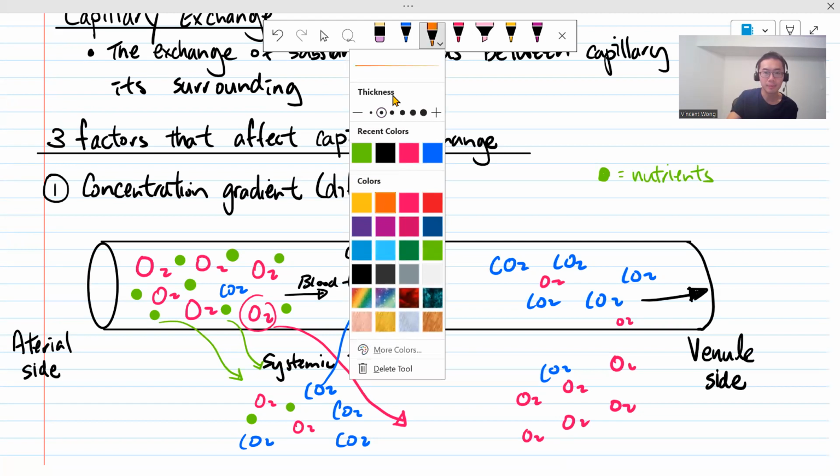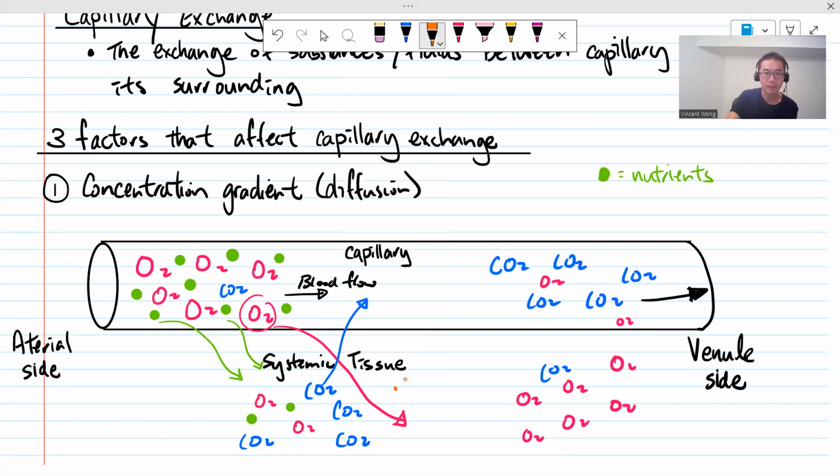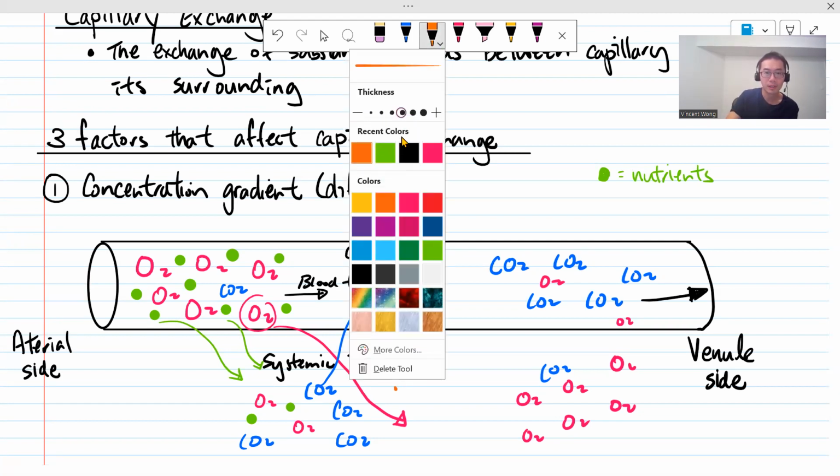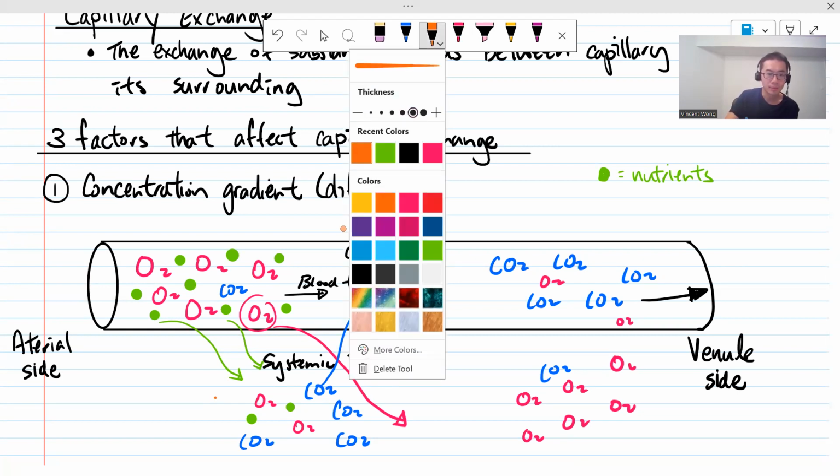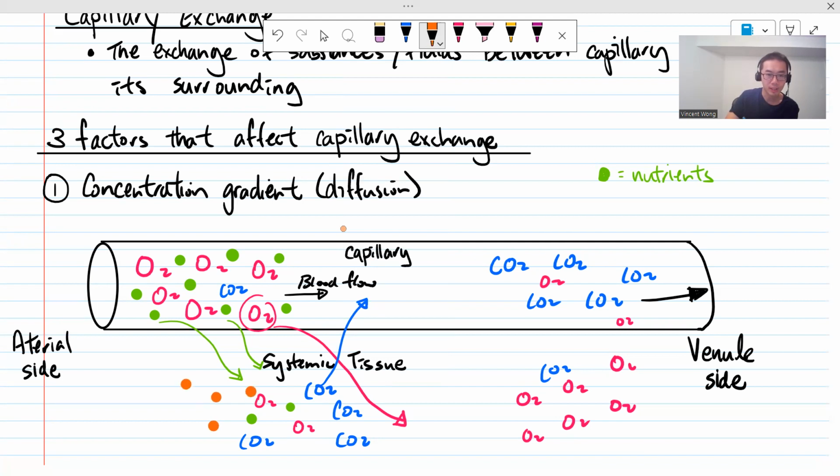Okay, and maybe we will also have the waste. Right, we'll have some waste product here. Maybe there's some waste here in the blood as well, but then they will come in.